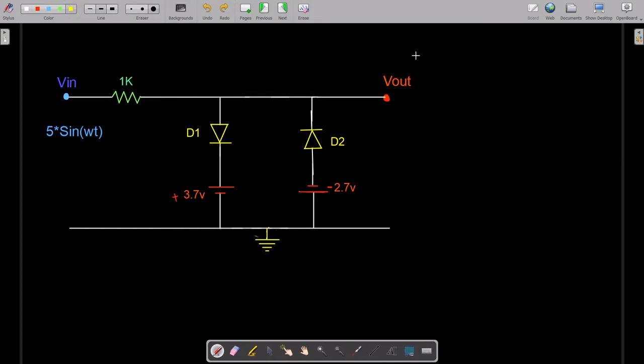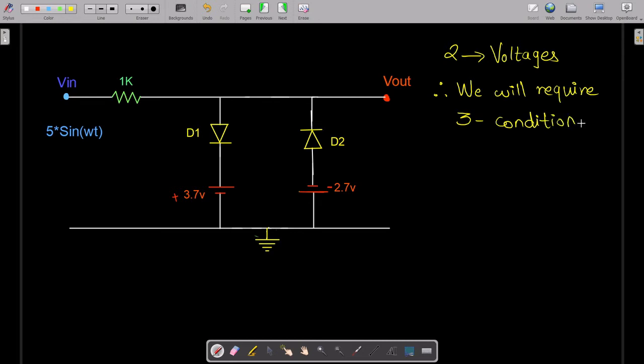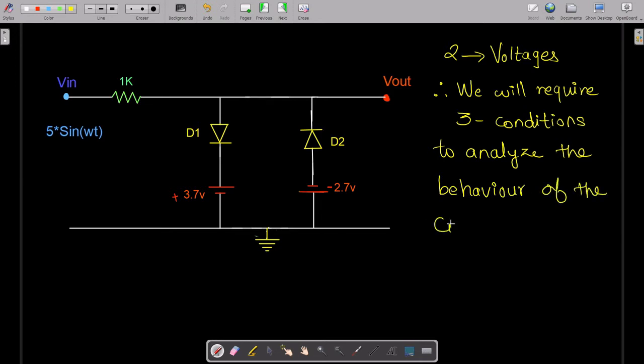As you can see, we have two voltages, therefore we will require three conditions to analyze the behavior of the circuit.